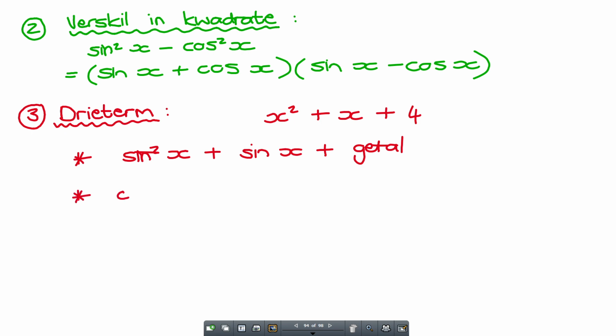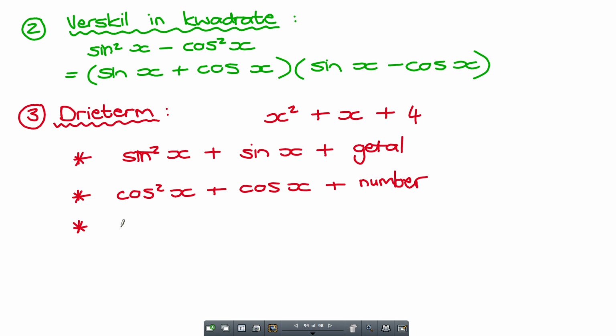Of cos kwadraat x plus gewone cos x plus a number. So dis dieselfde prinsip, né?